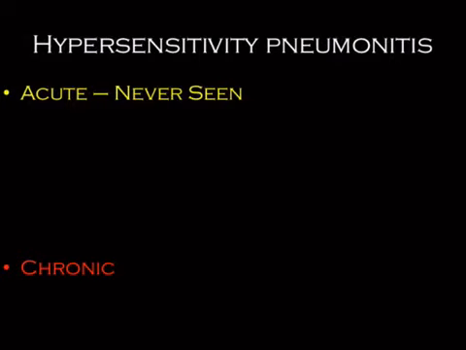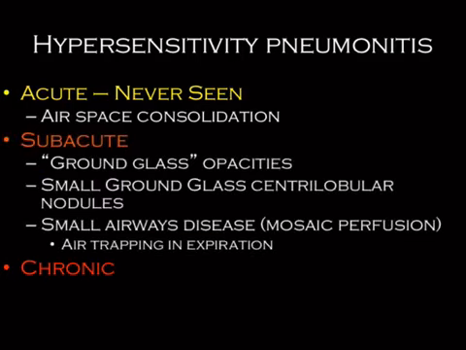So when people call it acute hypersensitivity pneumonitis, what they're actually talking about is subacute. The truly acute phase is basically never seen. If you would happen to see it, it would just look like pneumonia, just an airspace consolidation. Subacute is the ground glass centrolobular nodules and this mosaic perfusion.